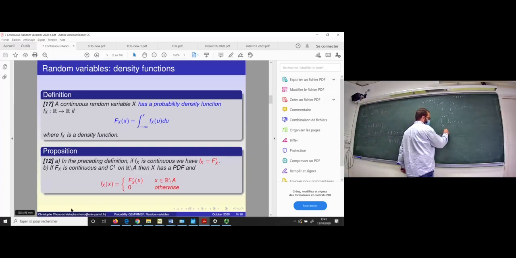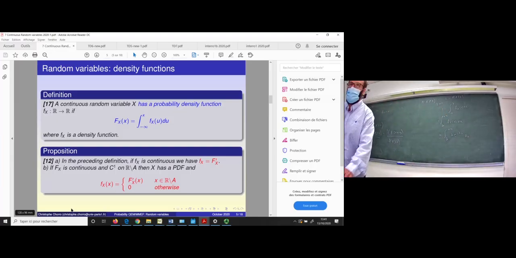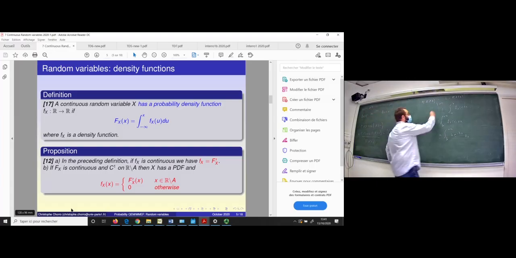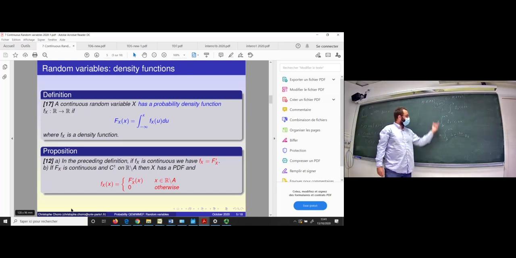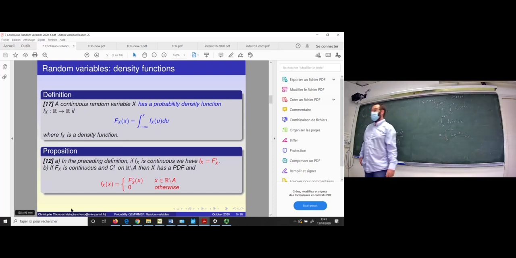So here it's the integral from z to plus infinity of lambda exponential minus lambda x dx. Implicitly, I use the fact that my z is positive. If z is negative, I will have 0 instead of z here.